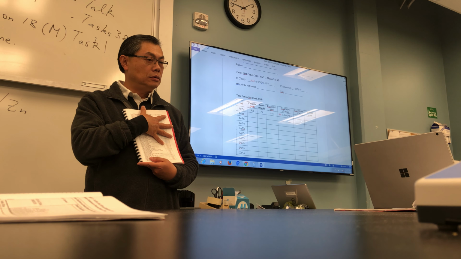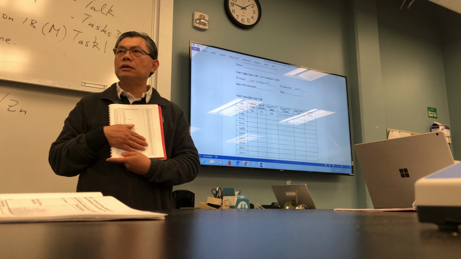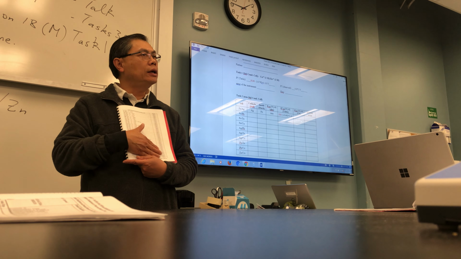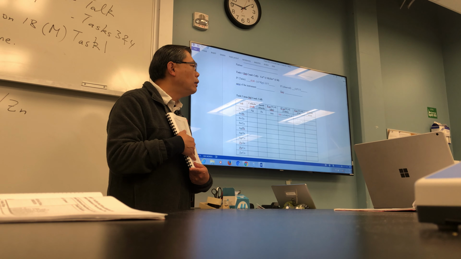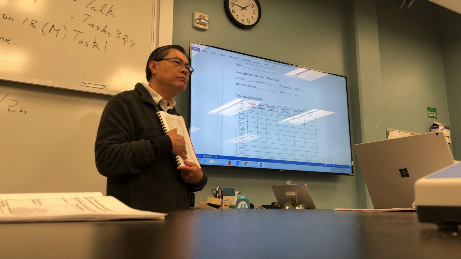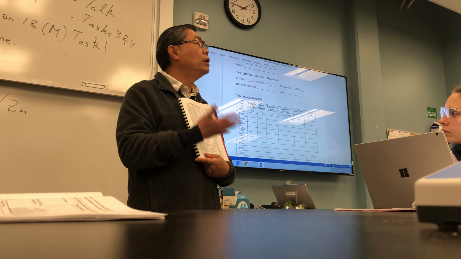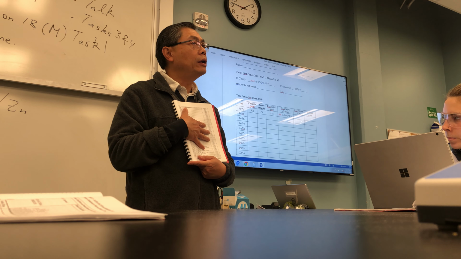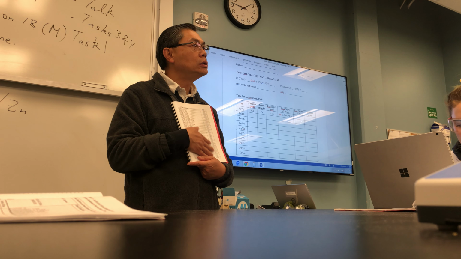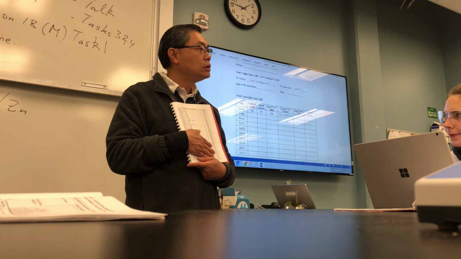Which of the two, I always ask, which of the two would you like to pick to make your cell, to make your battery? Any idea?